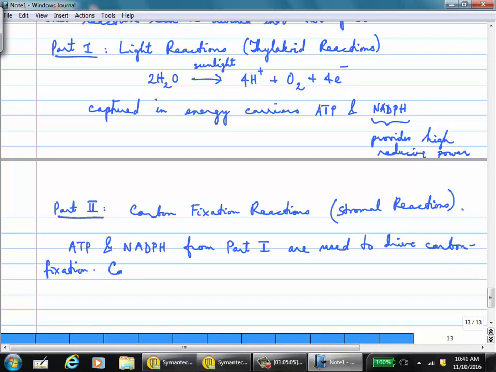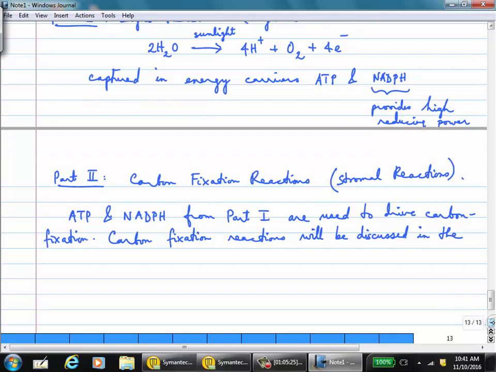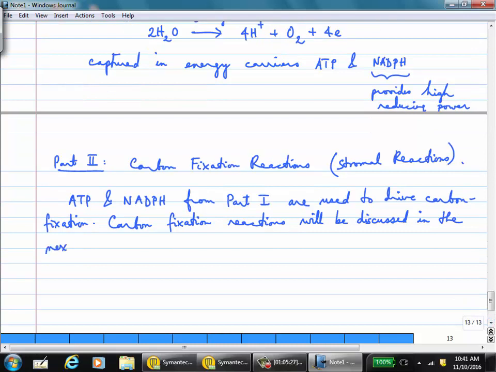The carbon fixation reactions will be discussed in the next chapter. In this chapter we focus on the light reactions.